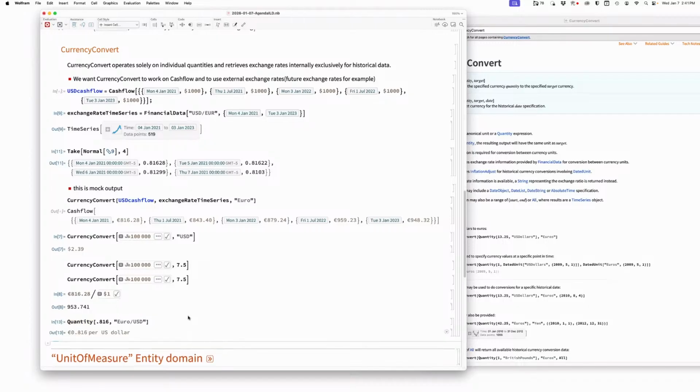Yeah. Okay. But that string will be the same string as the string you would give here, right? Yep. You're saying that euros per US dollar? What string are you talking about? Euro/USD. Got it. Yes.